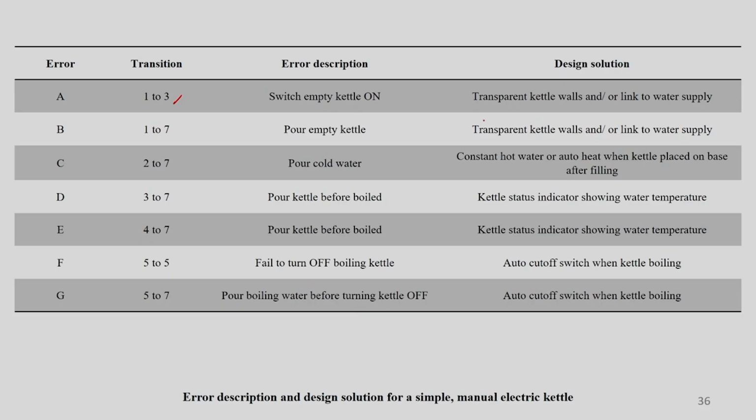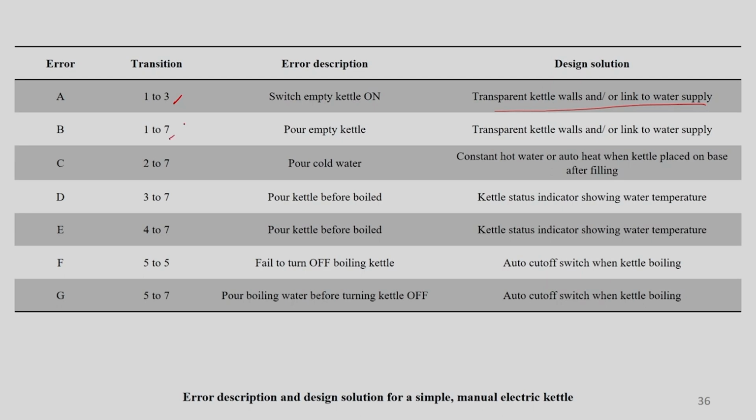So, what is the design solution? The transparent kettle valve. If you have a transparent kettle valve, you can easily understand, yes, this kettle is not filled, right. If it has a metal valve, then you cannot see. So, you make it transparent, it is a design intervention, and you can definitely avoid this error.